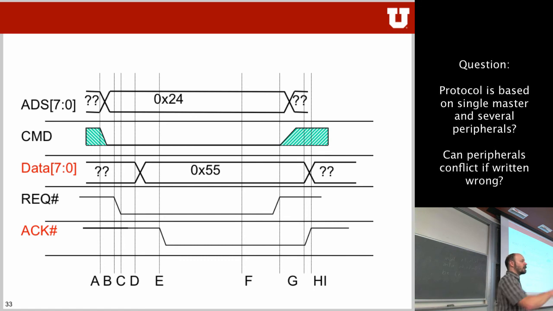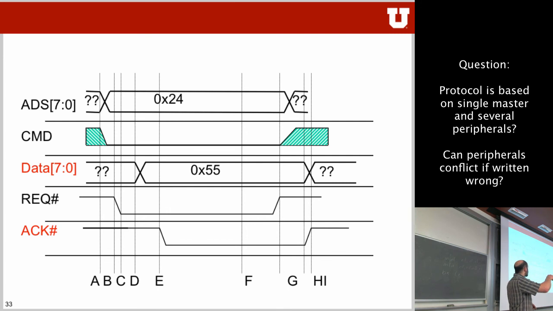Yes? Now, I'm guessing this is assuming single master, multiple slave. In that case, nobody can assert other things? Well, no. If you do it wrong, then multiple people could write onto the data bus. If, for example, 2 peripherals are trying to write onto the data bus, then they will start conflicting.